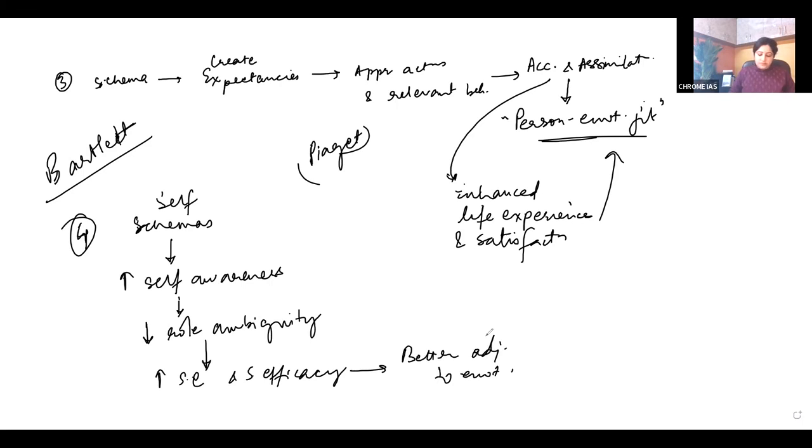So very intelligently, you have to put in all these things. Fine. So now I hope your understanding about the schemas is good, right? You are able to understand what I'm trying to put across.